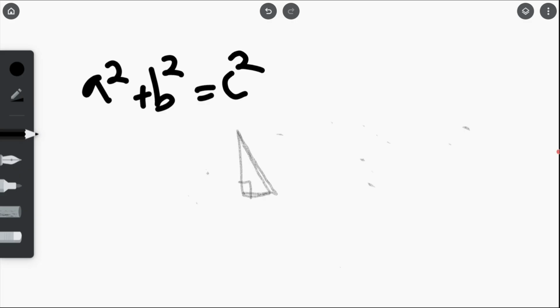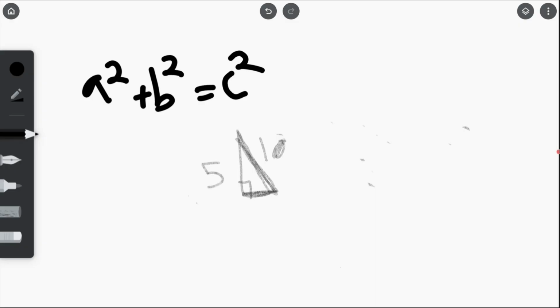The hypotenuse is 10, and this side, the adjacent or opposite, whatever it is, is 5. Then what is the other side?